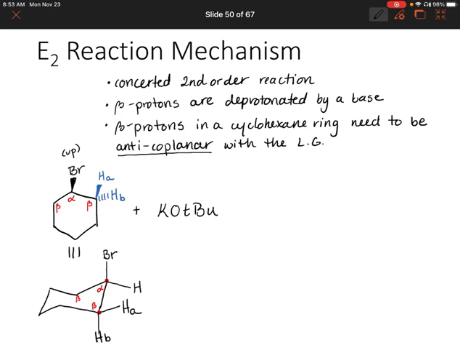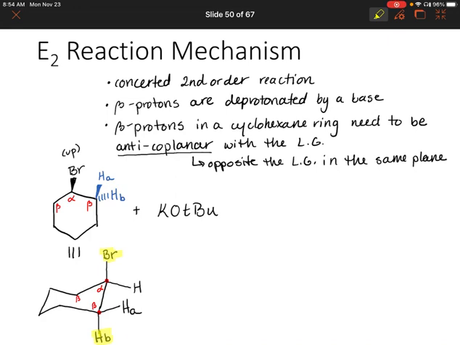So anti-coplanar means that the hydrogen will be opposite the leaving group in the same plane. So let's just write that down. Opposite the leaving group in the same plane. So that would be HB. HB is opposite bromine in the same plane.